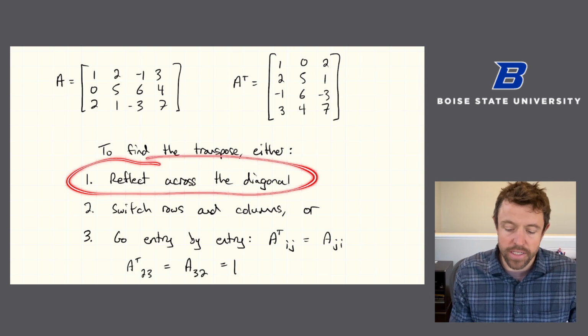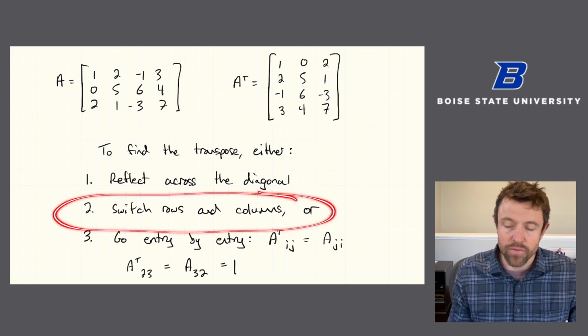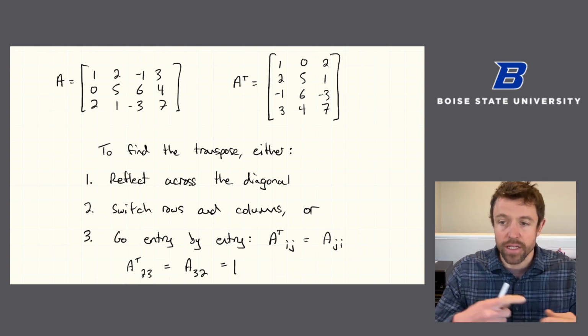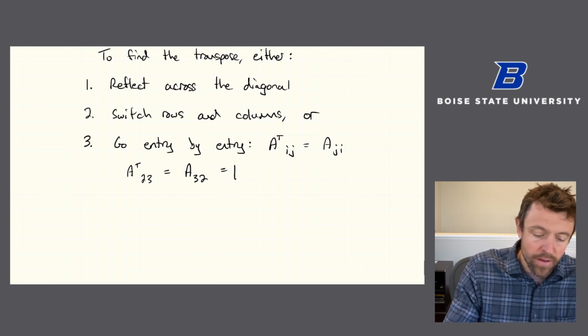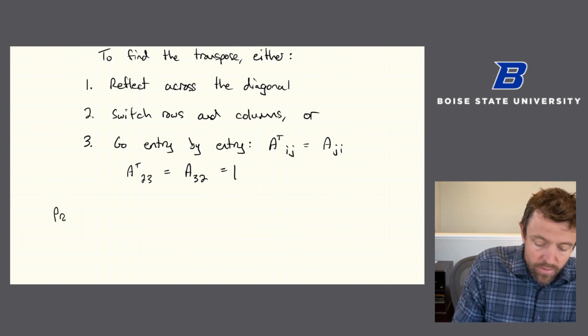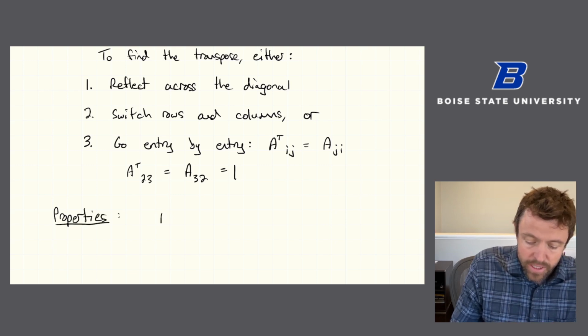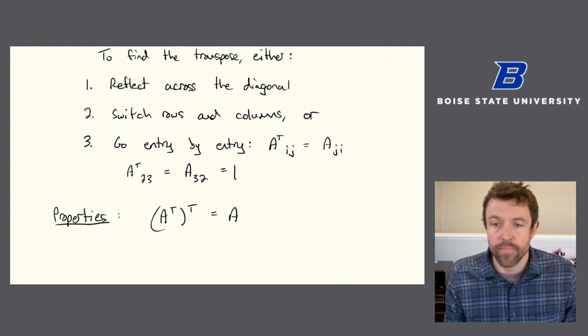If you reflect across the diagonal twice, if you switch rows and columns and then switch rows and columns again, or if you do this entry by entry thing twice in a row, you undo everything. And so another way of saying that is that the transpose of the transpose is the original matrix.